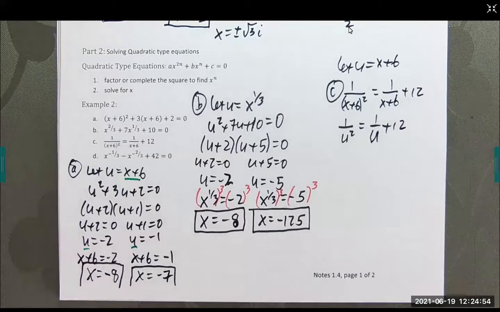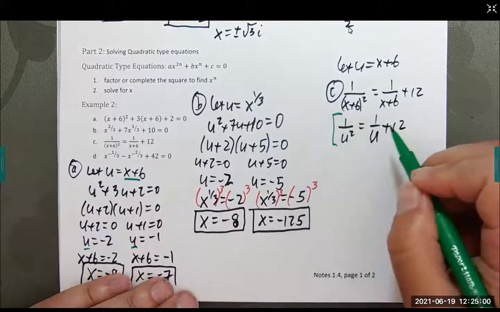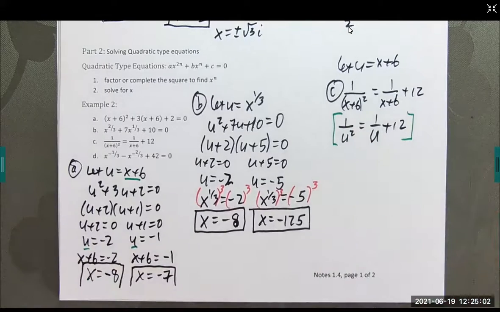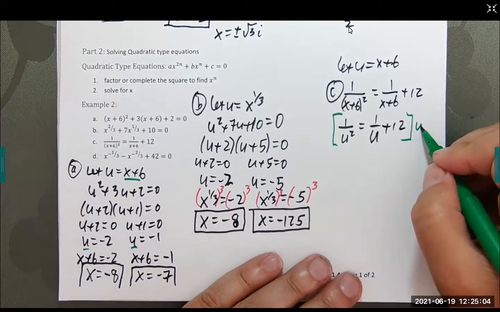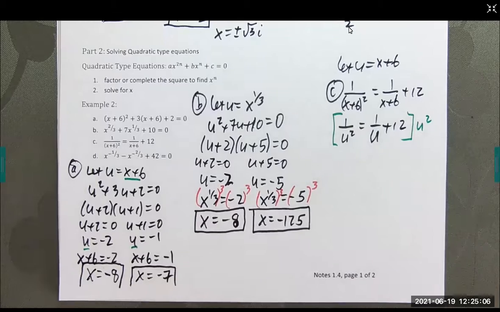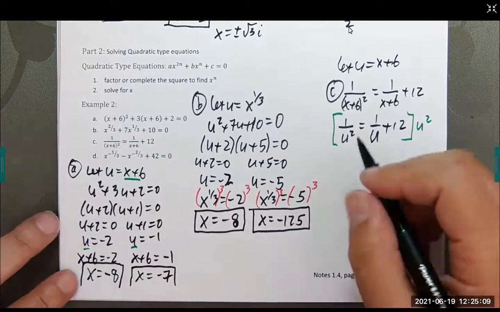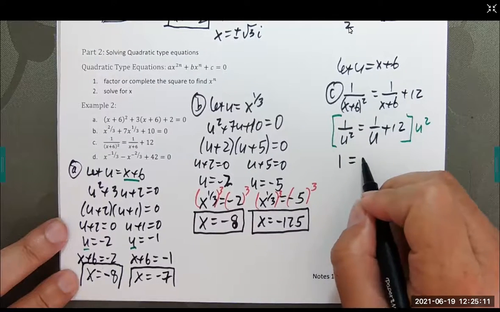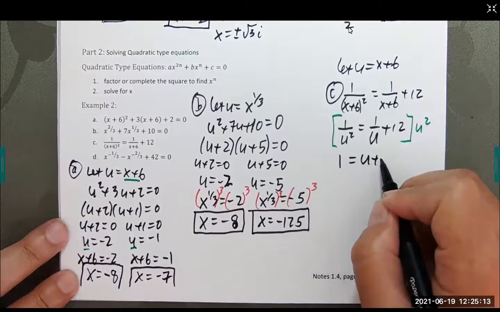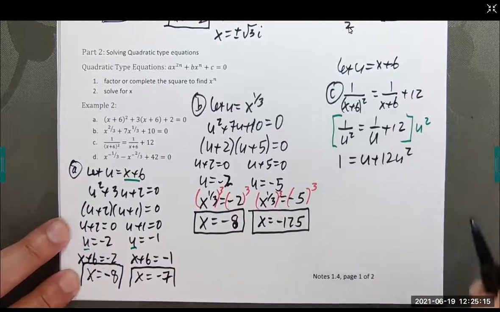And I'm going to multiply through an LCD, which in this case is u squared. One equals u plus 12u squared.